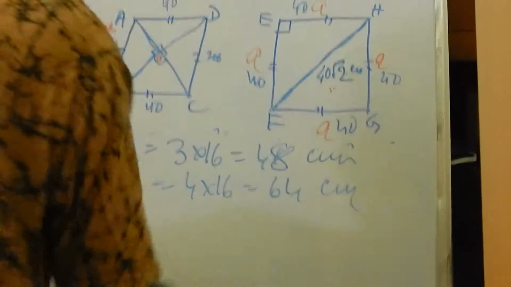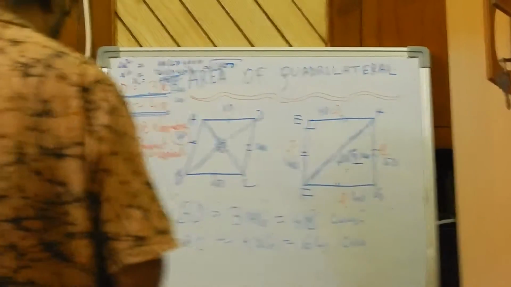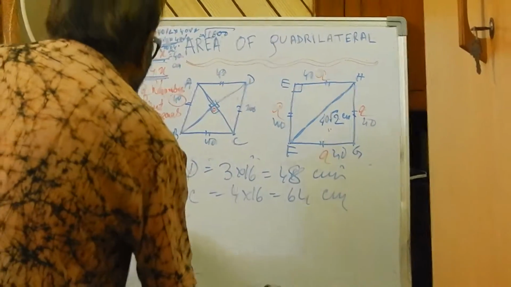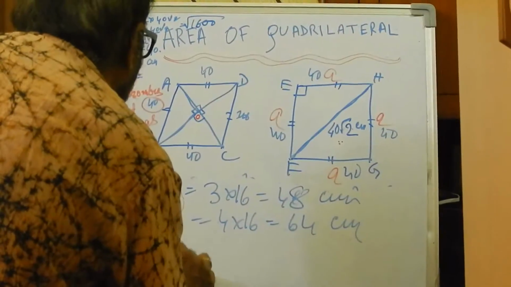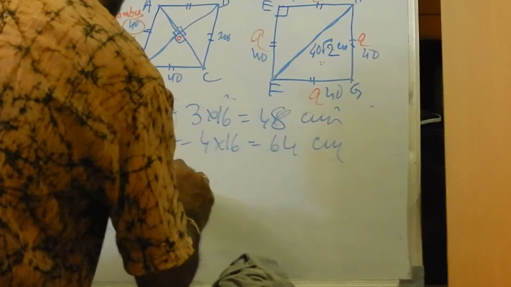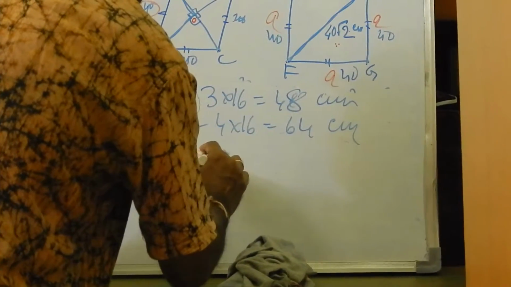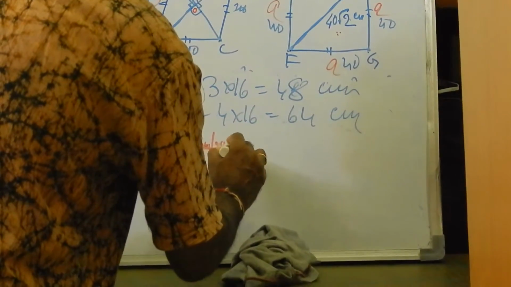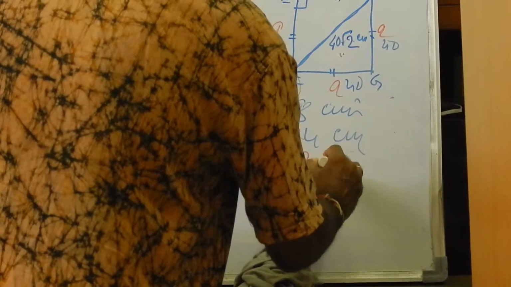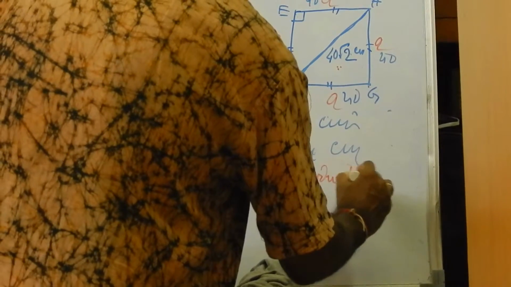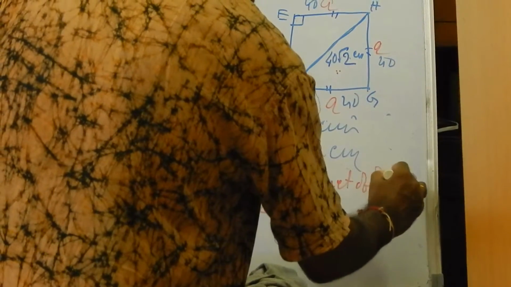So area of rhombus, this formula, final area of rhombus, half into product of diagonals.